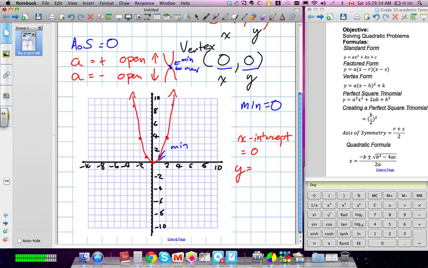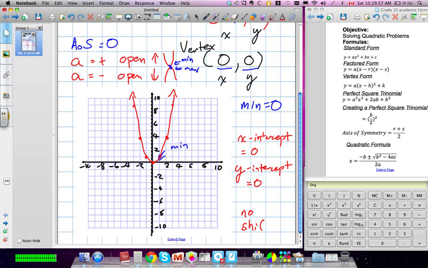And finally, has this been shifted? Has the vertex been shifted up or down or left and right? No, there's no shifts. Okay? Does that make sense? So let's show you the entire page. So that's everything we did for our first.